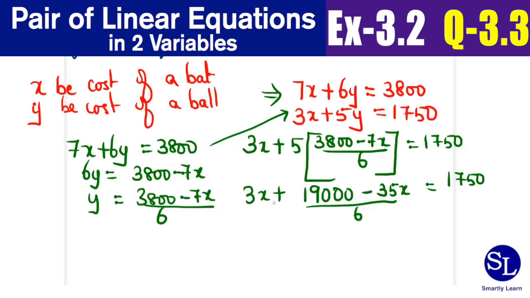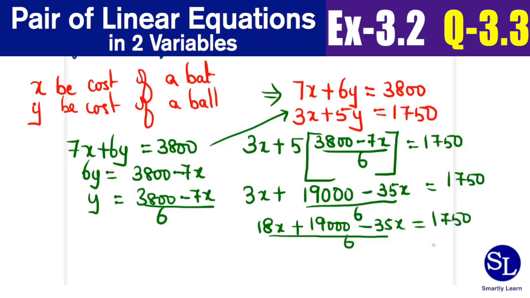Now let's take the LCM. So 6 into 3 is 18. So 18x plus 19,000 minus 35x, the whole thing divided by 6, is equal to 1,750. Now take the 6 to the other side.